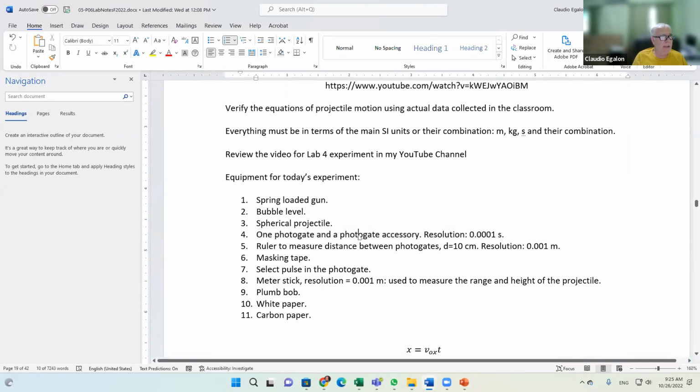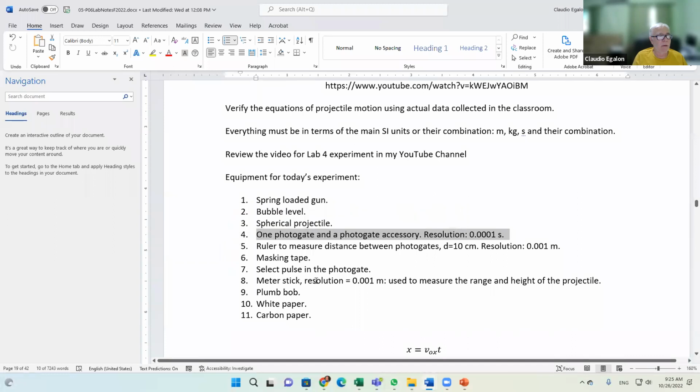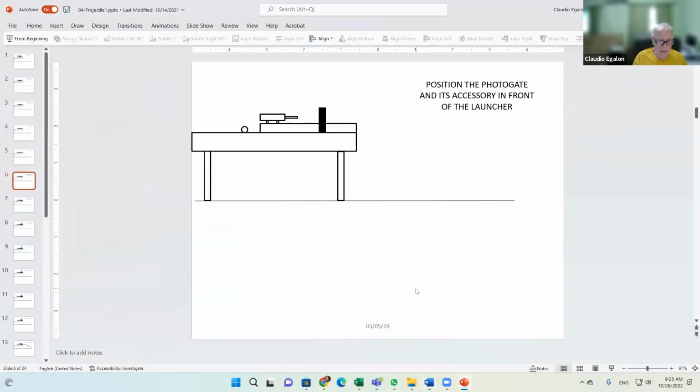This photo gate is a device that measures time, and this time measurement is used to determine the velocity of the projectile. That's what the photo gate is all about.